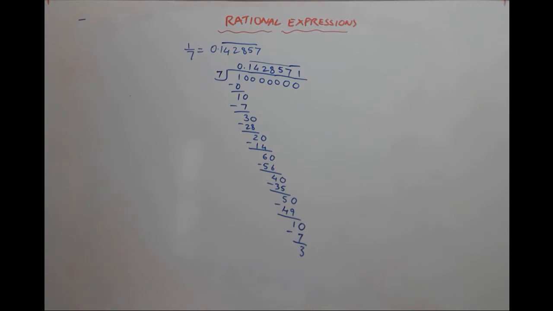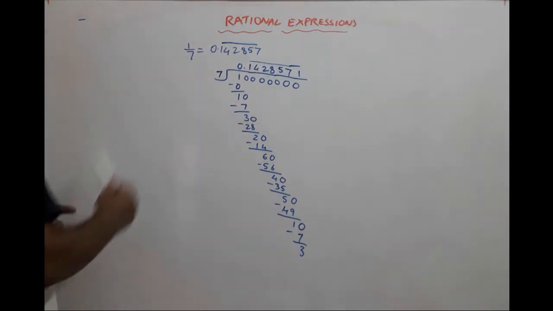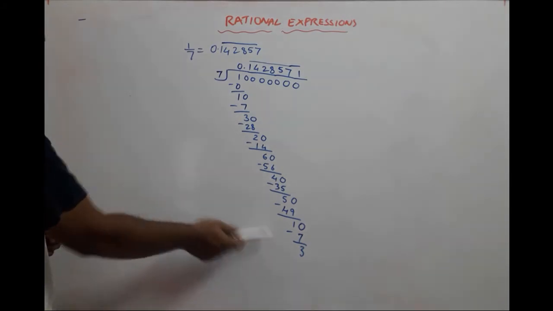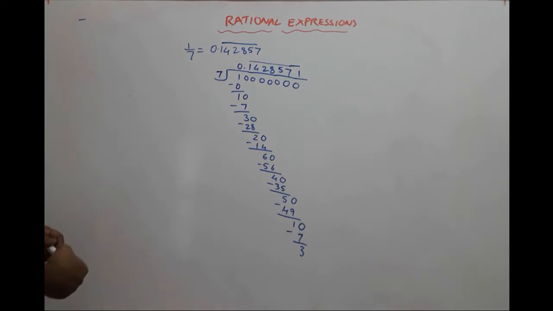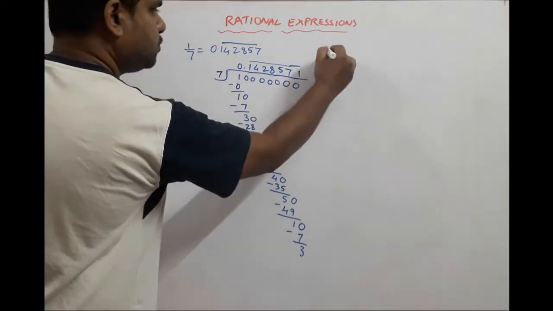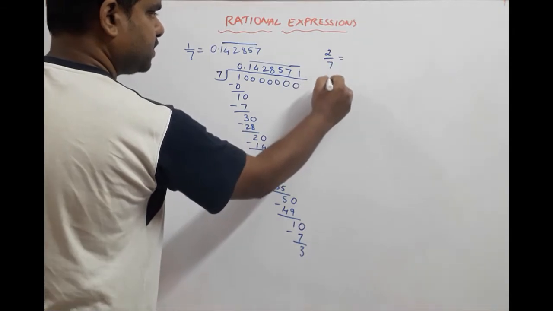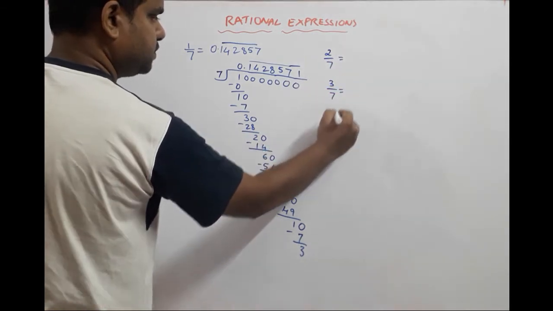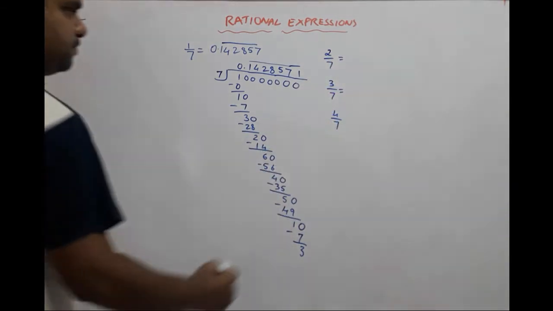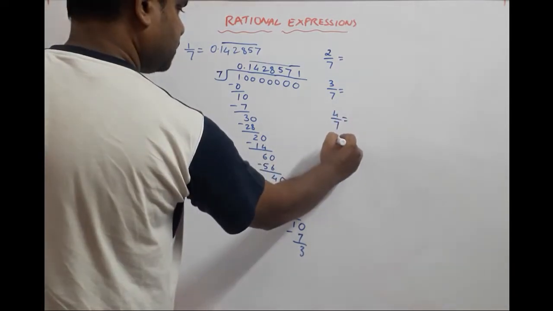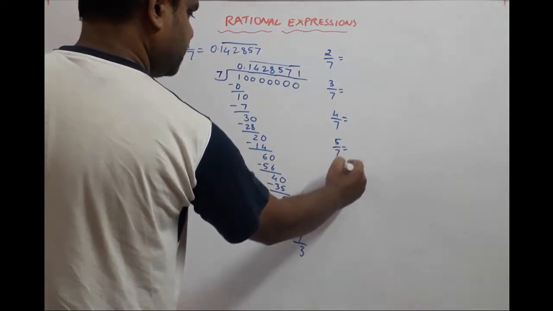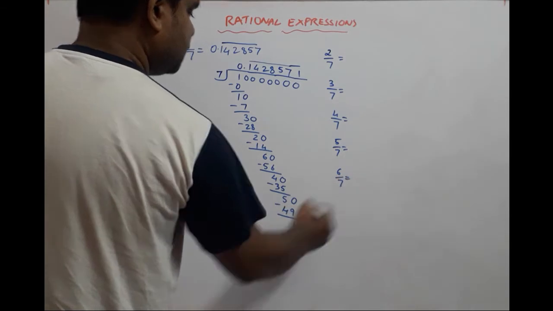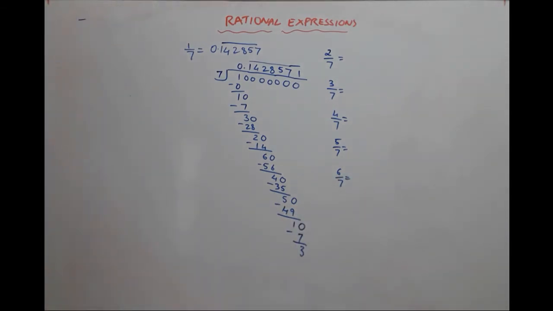Now from here we have already been given this value 1 upon 7. This was already given. So why did we have to do this division? This long division of 1 upon 7 will help us to predict what are the values of 2 upon 7, 3 upon 7, 4 upon 7, 5 upon 7 and 6 upon 7 without doing the long division.